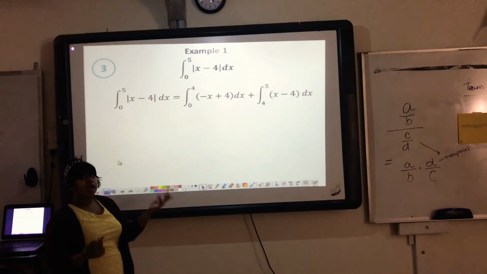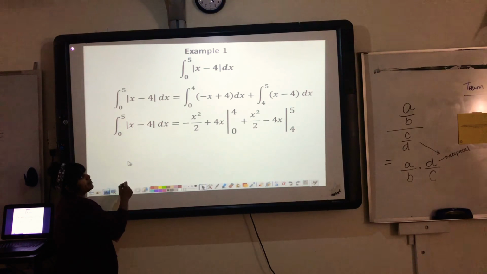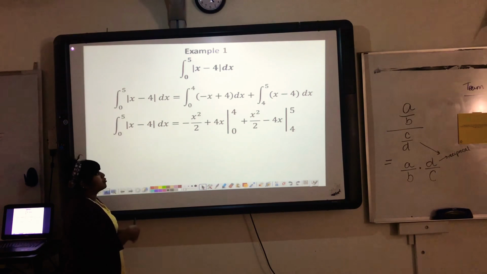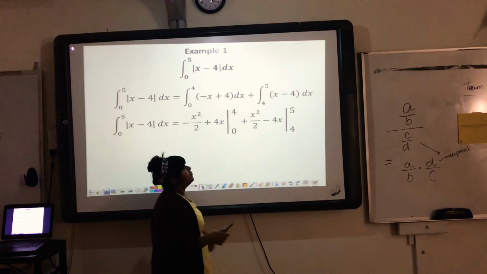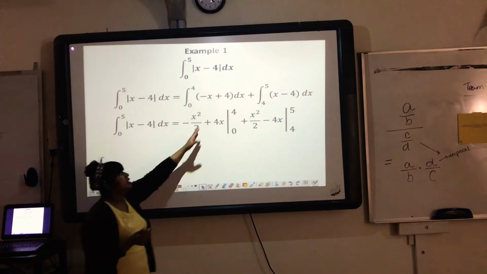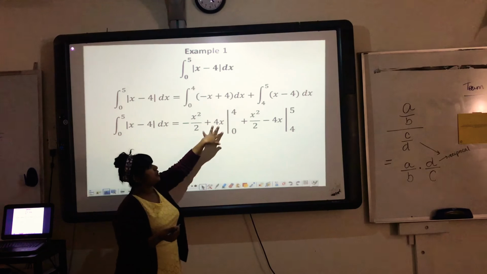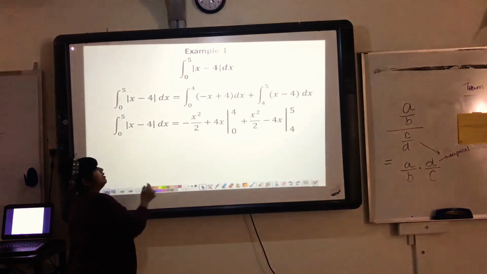Now we have to actually evaluate this integral. So very quickly, I wrote out those evaluation steps. I used my sum and difference property of my integrals right here. I separated them out. Oh no, wait, they're already separated, sorry. I meant right here. We could separate them right there. But then we're going to evaluate them from 0 to 4 and from 4 to 5.